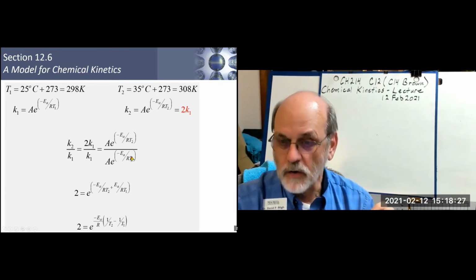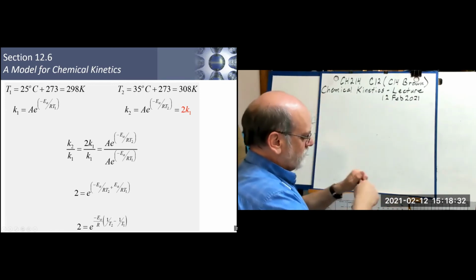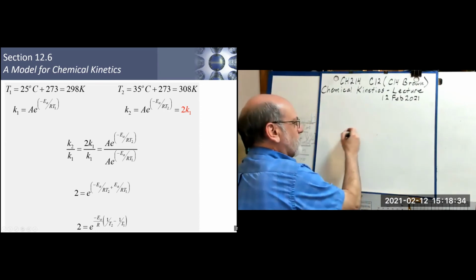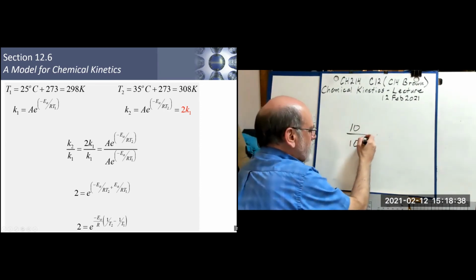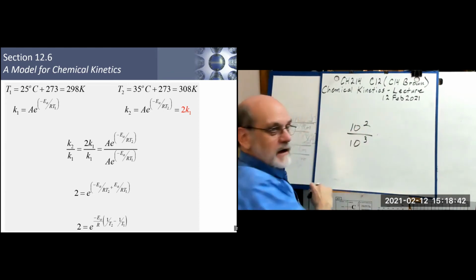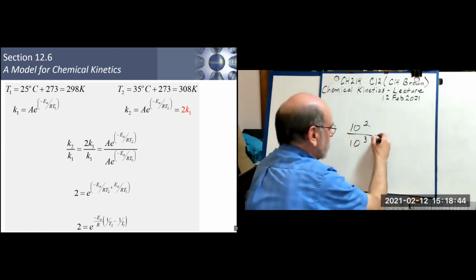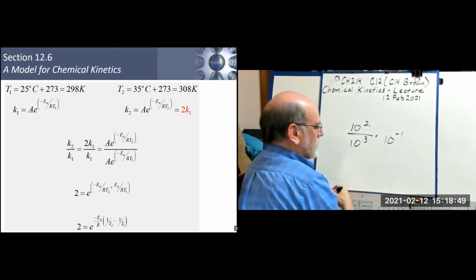Right? So what does that mean? If you have, let's keep it simple, if you have 10 here and 10 here, and you have this one and this one, what does that mean? That means 10 to the minus 1. Why?